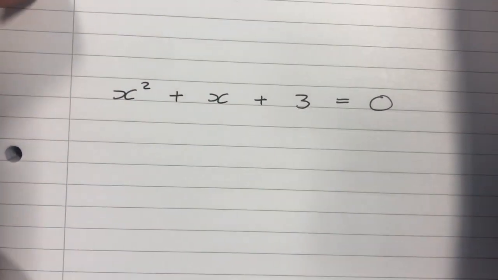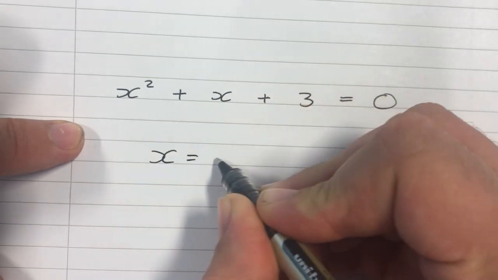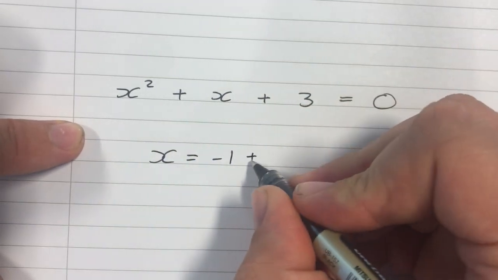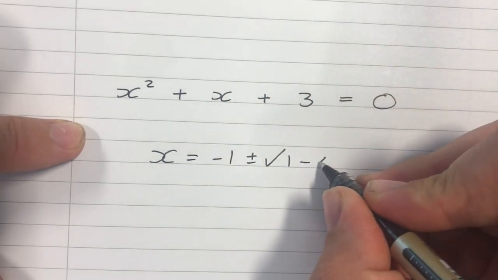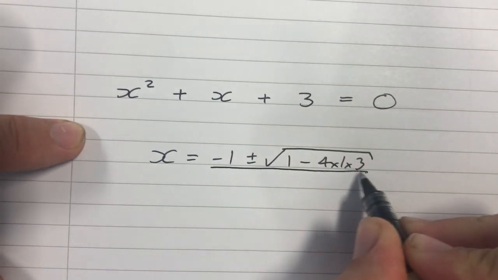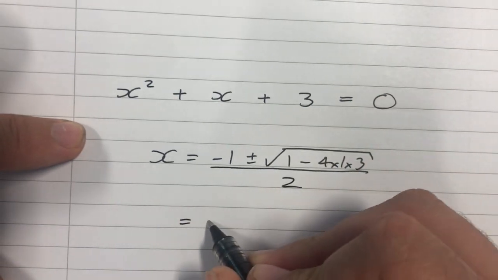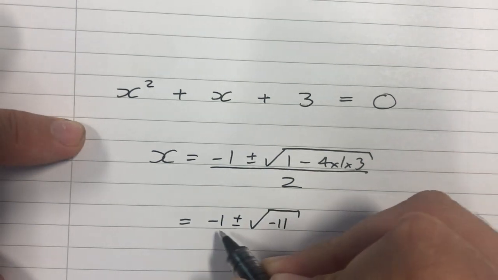And finally, before I finish, one more example here. Another quadratic equation: x equals minus b, so minus 1, plus or minus the square root of b squared, that's 1 squared, minus 4ac, that's 4 times 1 times 3, all divided by 2a. We can see that this is minus 1 plus or minus the square root of minus 11, over 2.